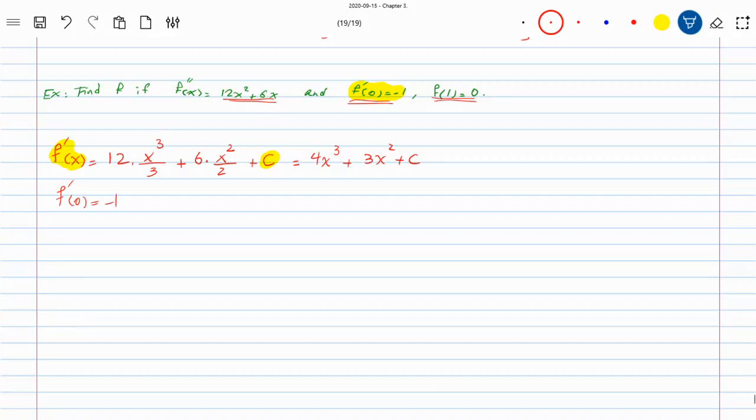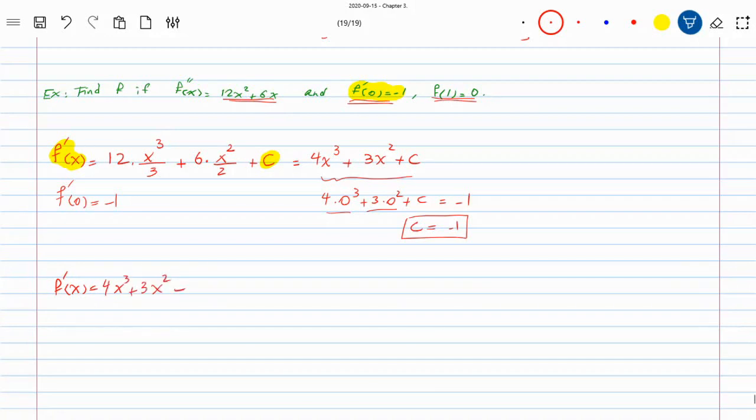It means if I replace x with 0 in f prime, I will get 4 times 0 cubed plus 3 times 0 squared plus c. This must add up to -1. This is 0 plus 0 plus c, so c must be -1. So what can I say about f prime? F prime of x must be exactly 4x cubed plus 3x squared minus 1.